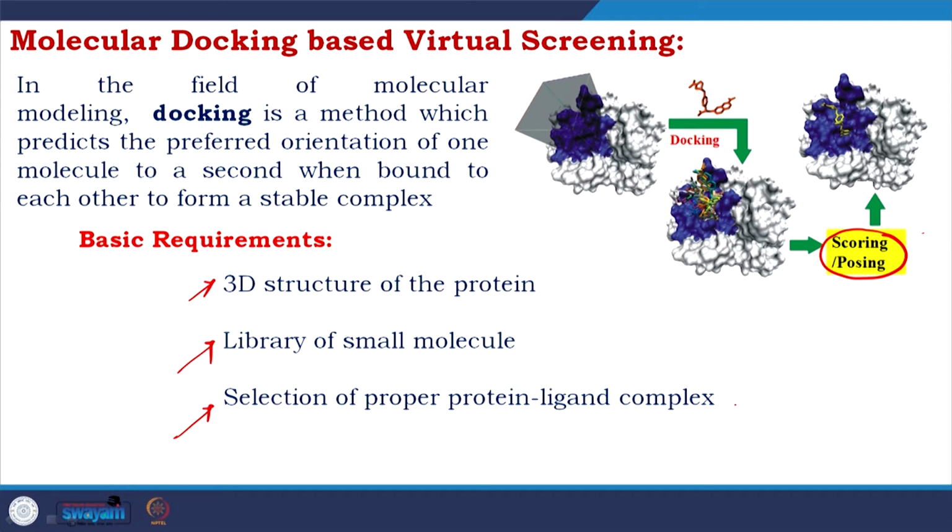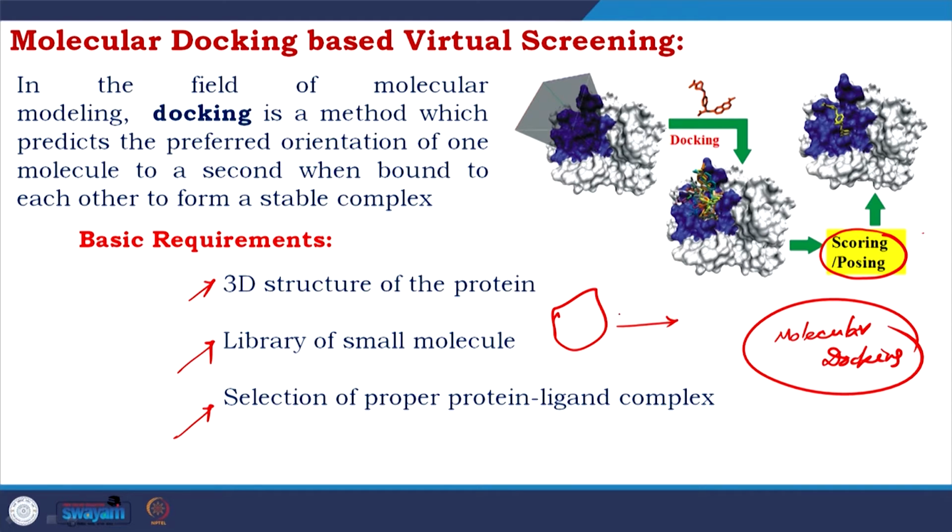One thing left. Docking, or molecular docking, is the unit operation. What I mean is, you have a receptor, you have a small molecule, and you get a complex. Now, if you want to repeat it, you put in a program so that it runs in a loop.